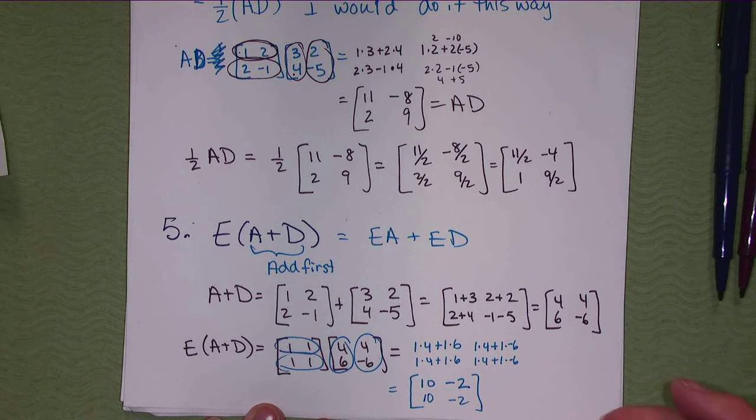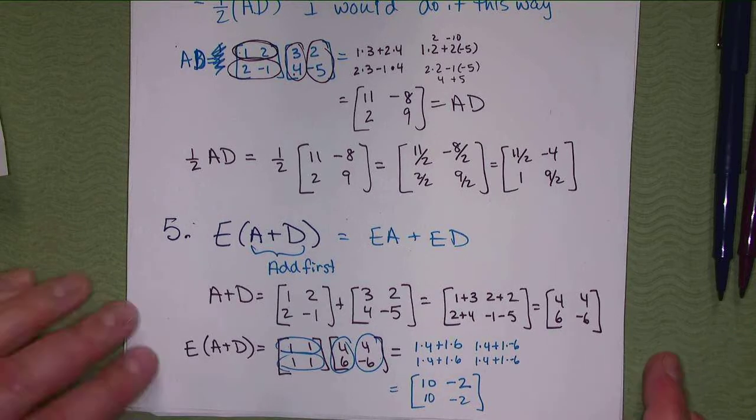So this is not because it was 1, 1, but because the first row was the same as the second row. Anytime the first row is the same as the second row, you're going to get the same answers. This could be 5 and 100. You would get whatever your answers are for the first row, and if this was also 5 and 100, you'd have the same answer for your second row. Okay.